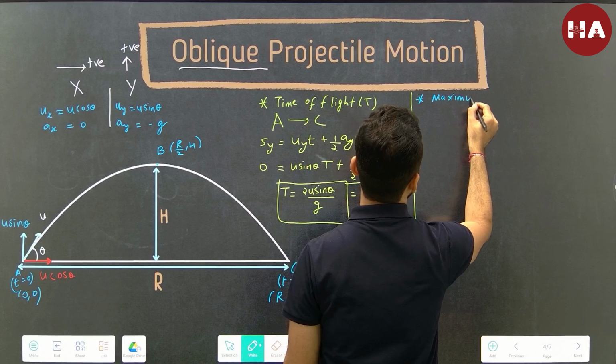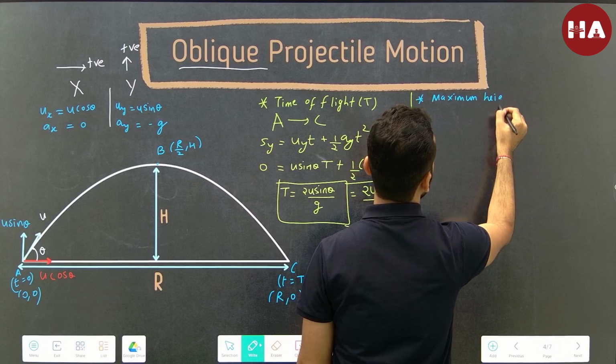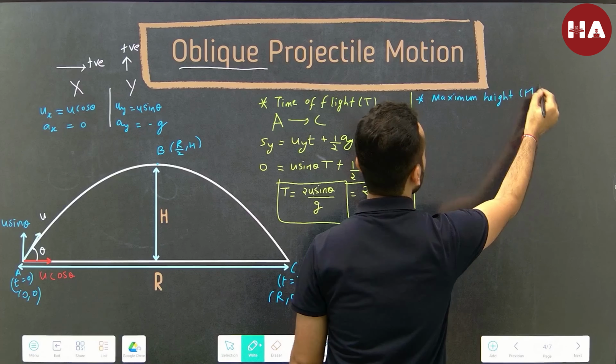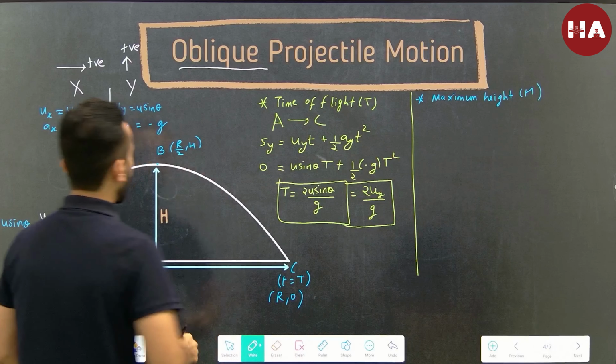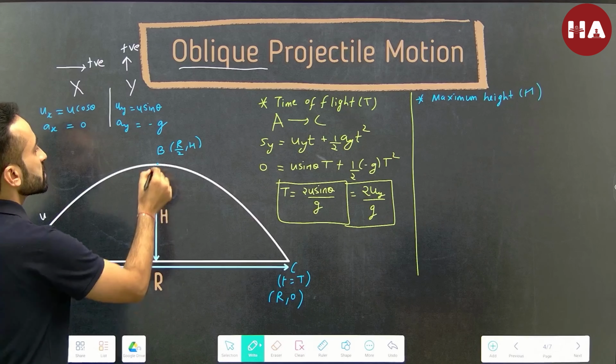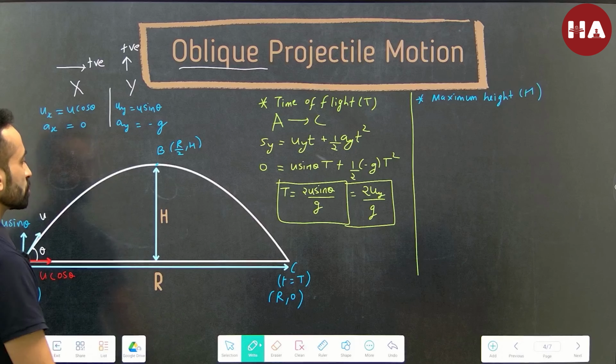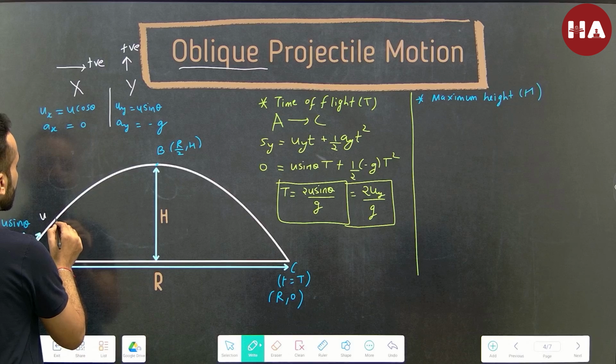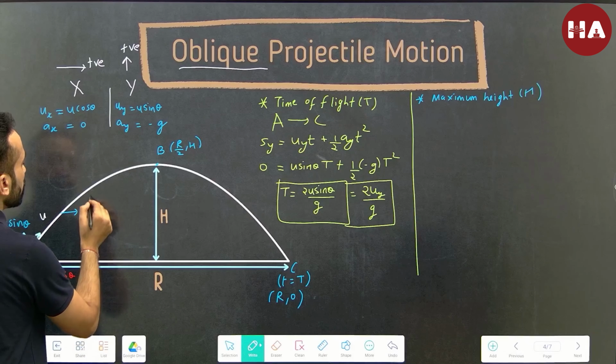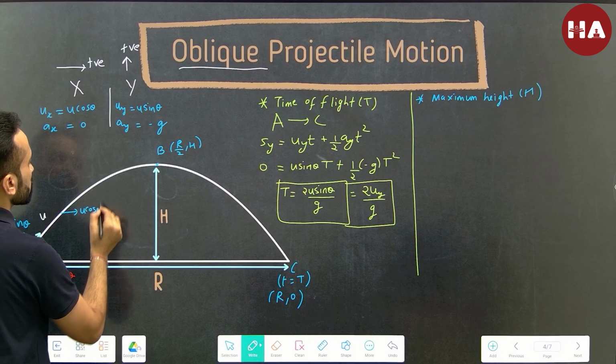Next we should talk about maximum height. But before we even start with that, I want to know what is the time here. Can we all understand that in the x direction, velocity will never change?